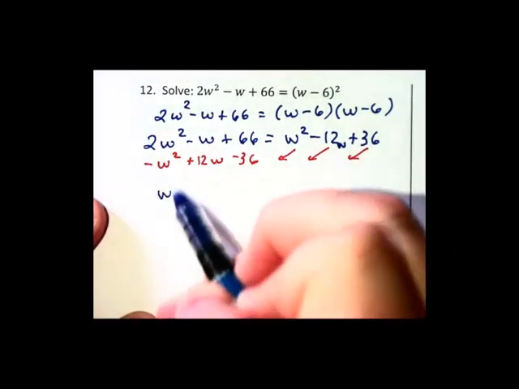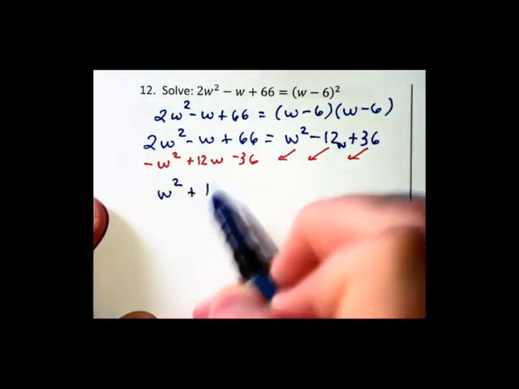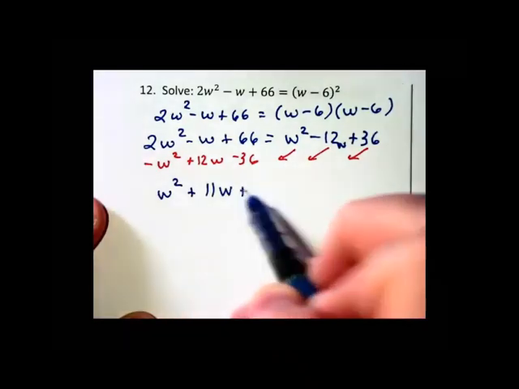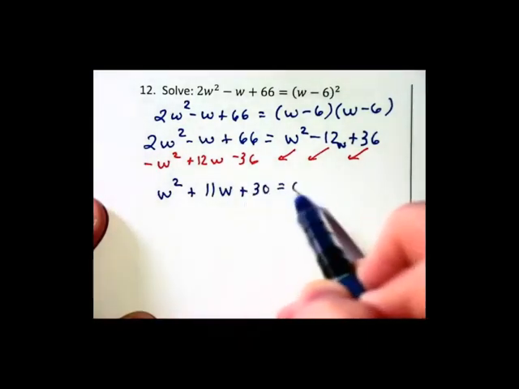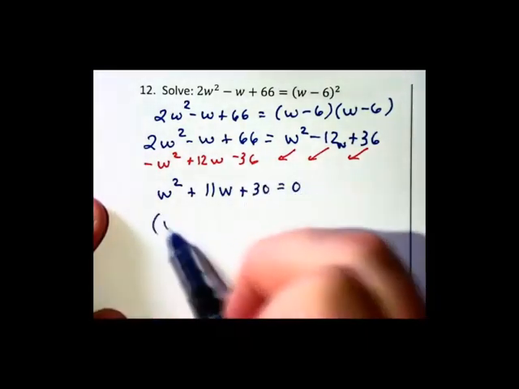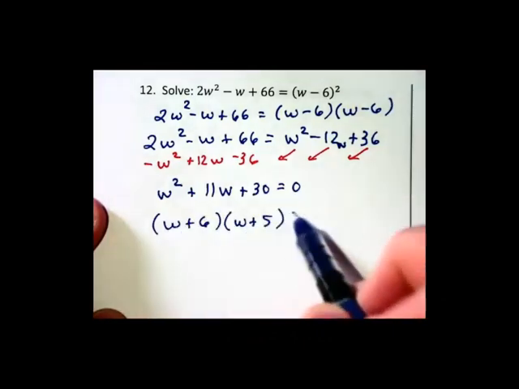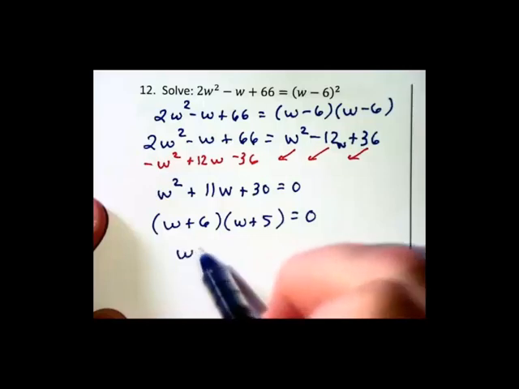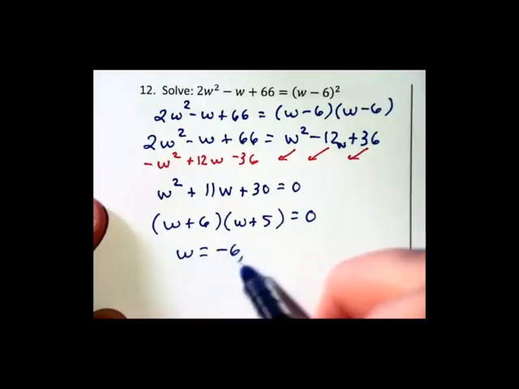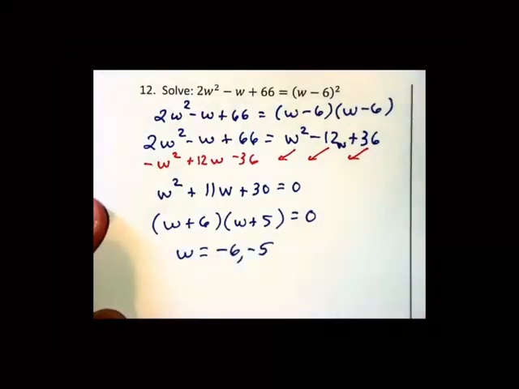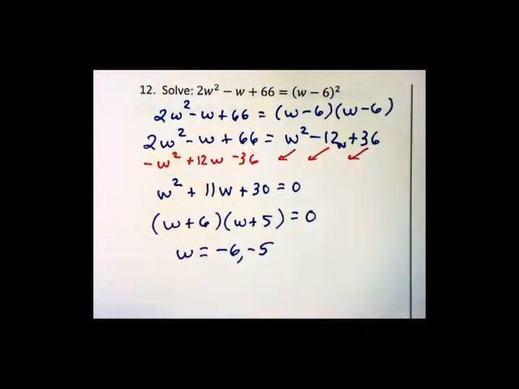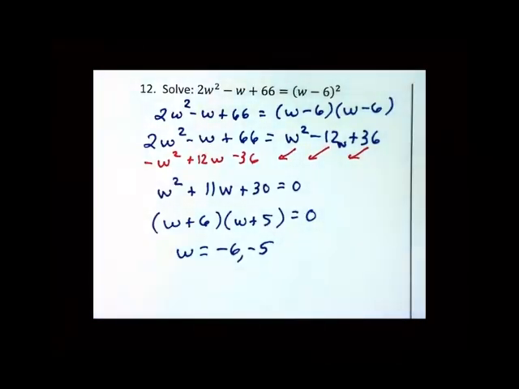We get w squared plus 11w plus 30 equals 0, which factors into w plus 6 times w plus 5, and we get two solutions of negative 6 and negative 5 to that equation, and there's no denominators that we have to worry about where this won't work, so I think those are the two solutions.